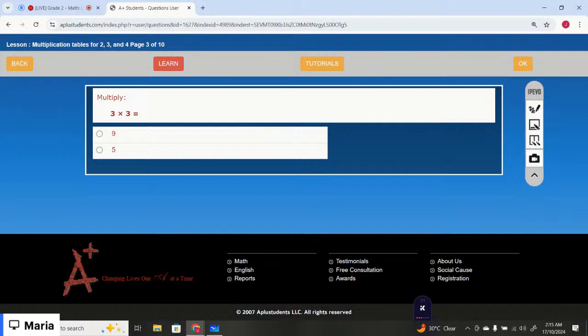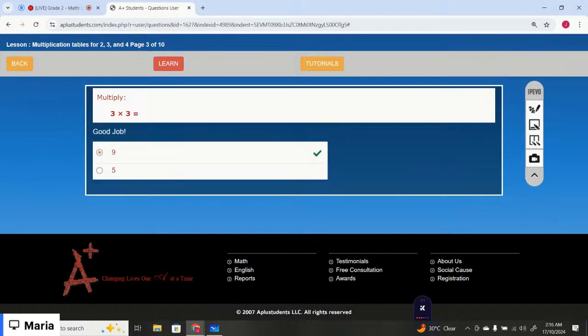So, which is the correct option? 3 times 3 is 9. The correct option is option number 1, that is 9.